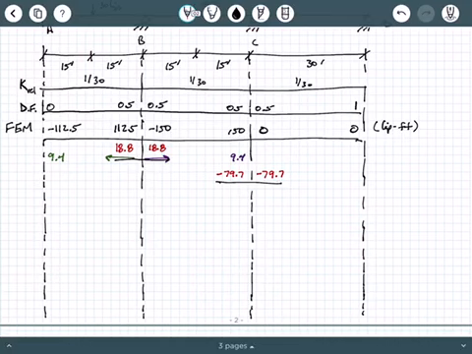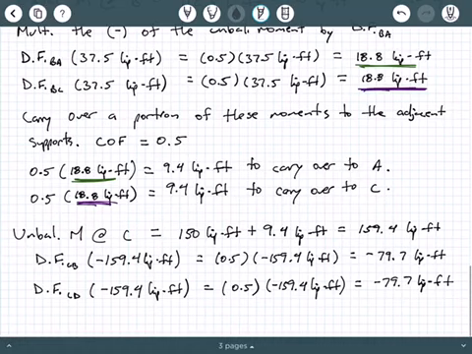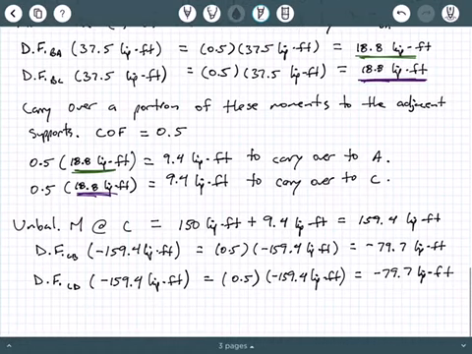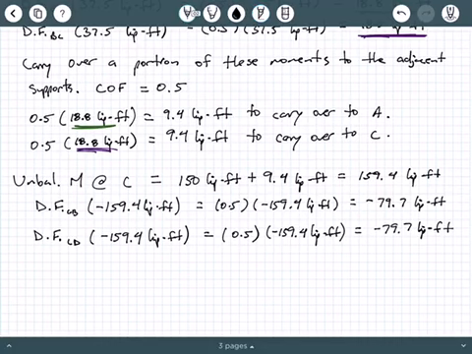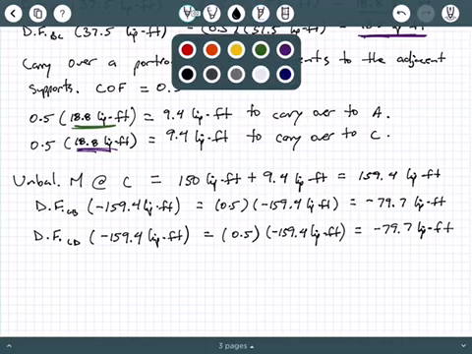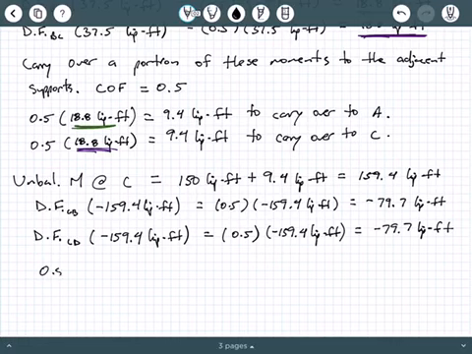But remember, half of each of those moments has to get carried over, right? Half of this moment needs to get carried over in this direction, and then half of this moment needs to get carried over in this direction. So let's do that, all right? That's our carryover calculation, which again is a different 0.5.